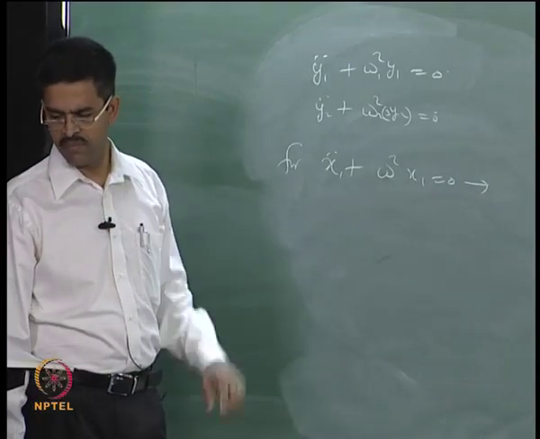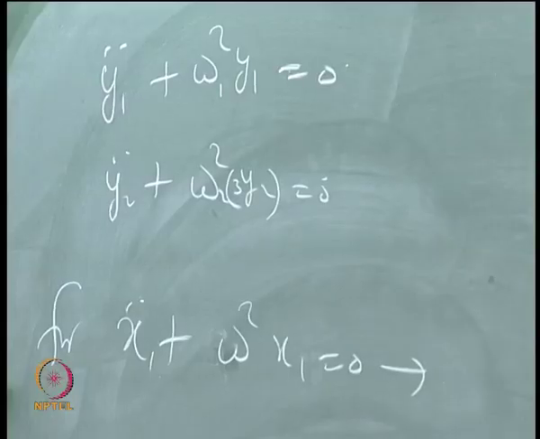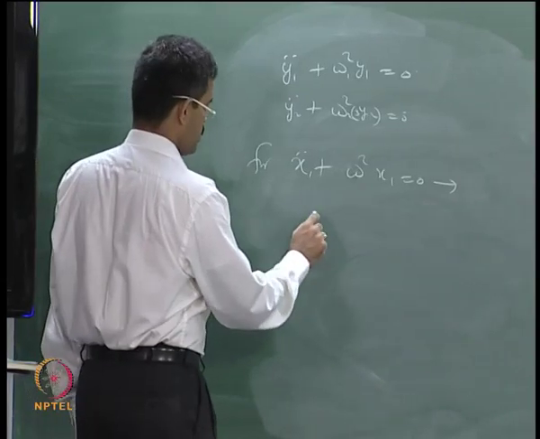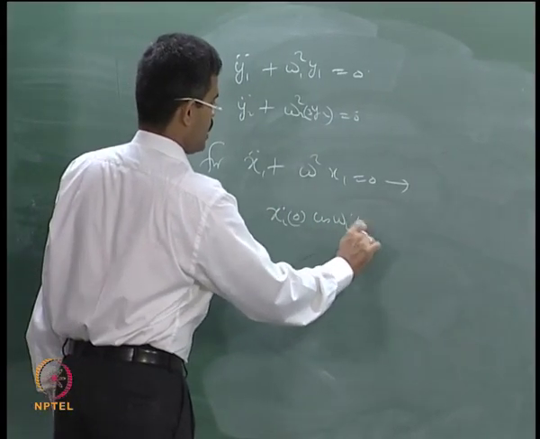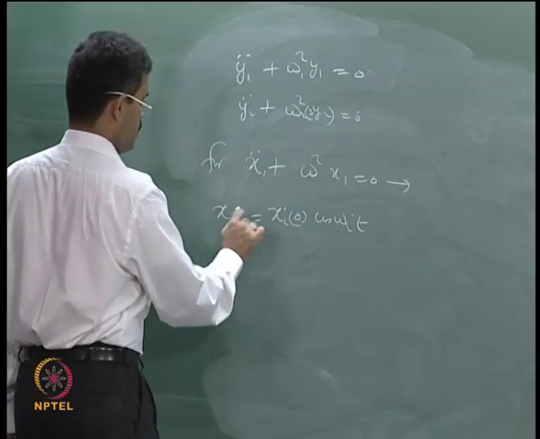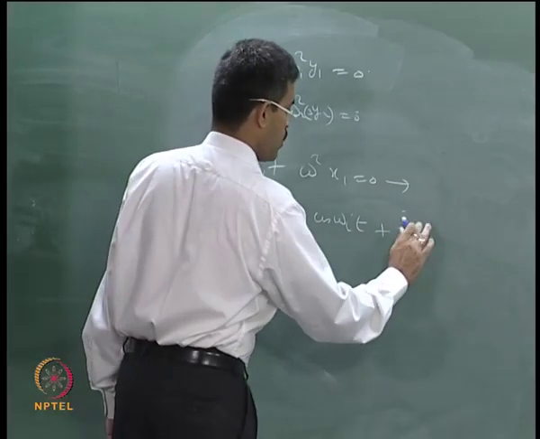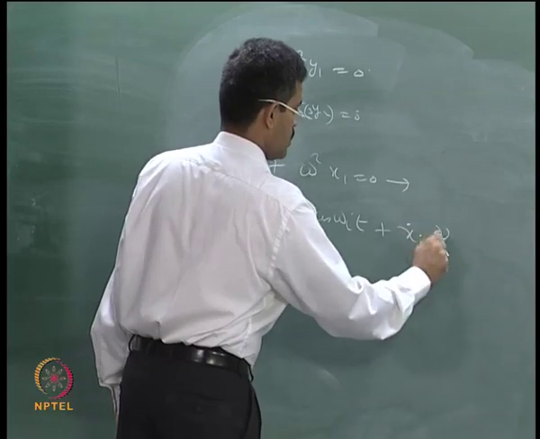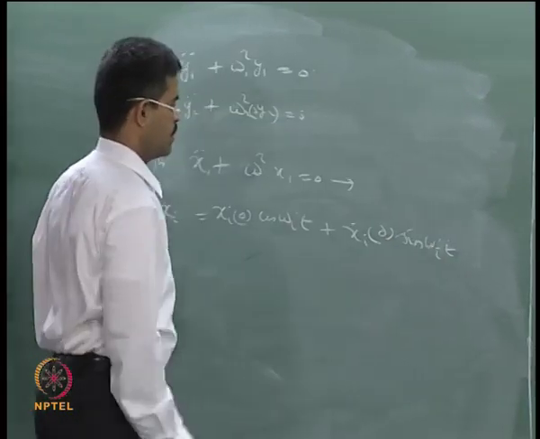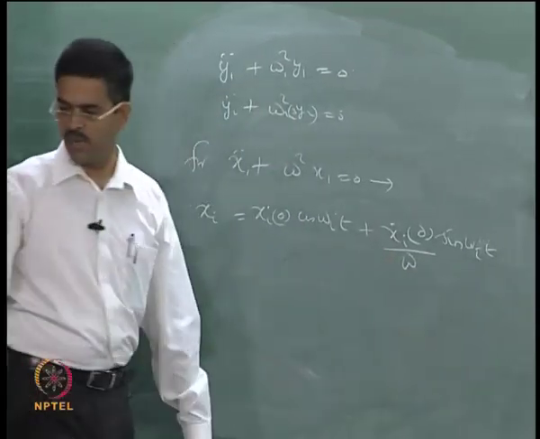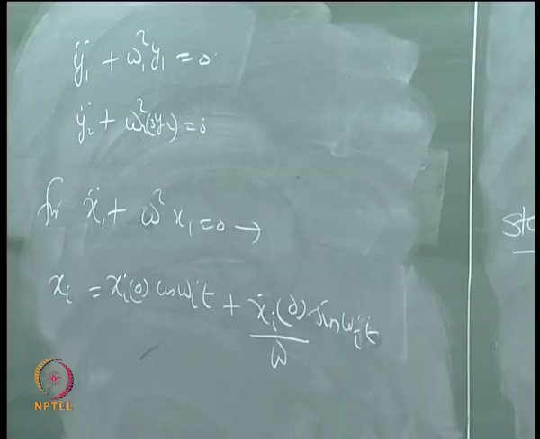What is the solution? I should say xi cos omega i t, I am just making it general, plus xi dot sin omega i t by omega. Is that right?